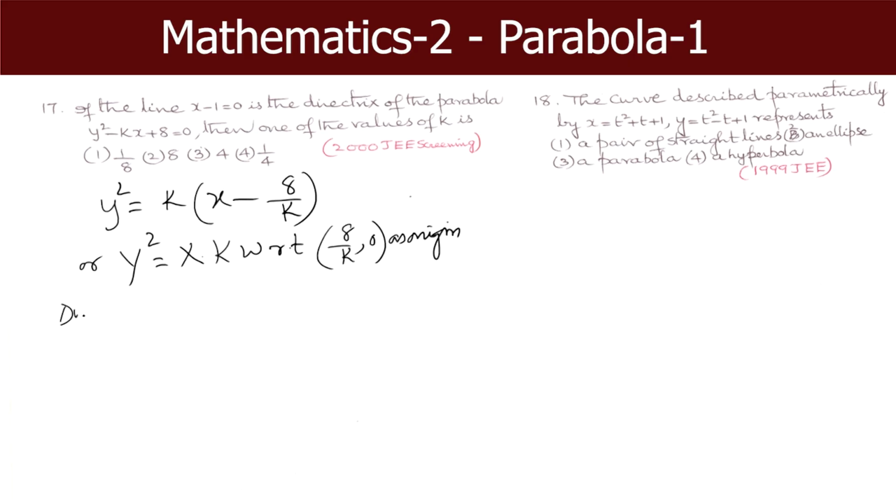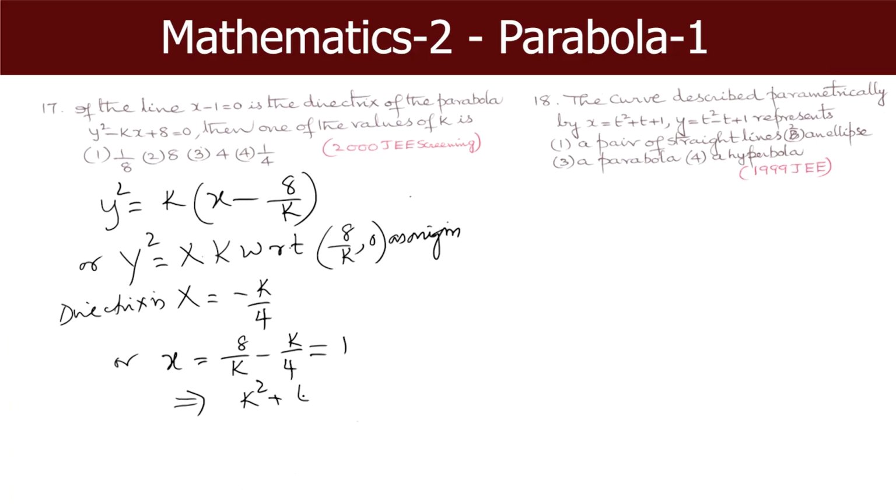Directrix is capital X equal to minus a, that is minus k by 4, or small x equal to 8 by k minus k by 4. But this is given to be x equal to 1. So, this is k square plus 4k minus 32 equal to 0.